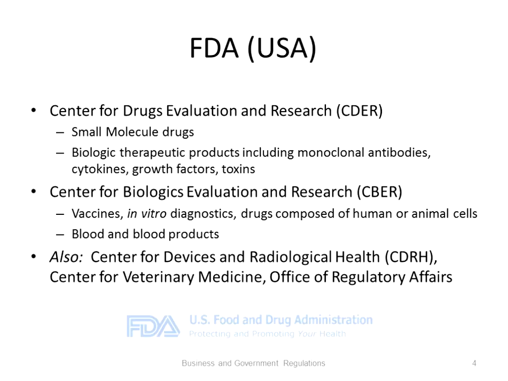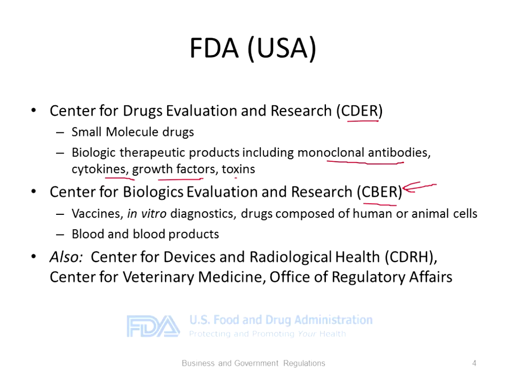So I covered this a little bit last week, a little more detail now. So the FDA has several branches, and the two that are more important to us are the CDER, Center for Drugs Evaluation and Research, and CBER, which is the Center for Biologics Evaluation and Research. In the past, CBER used to do all biotech products, but now most of the biotech products, which are biologic therapeutic products, including monoclonal antibodies, cytokines, growth factors, and toxins, they are now covered by CDER.